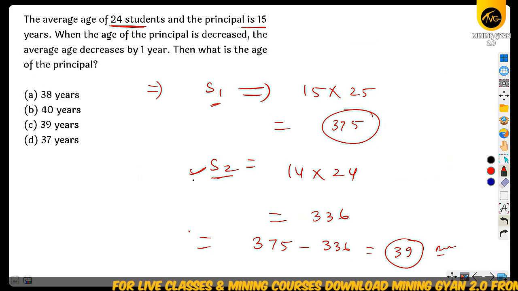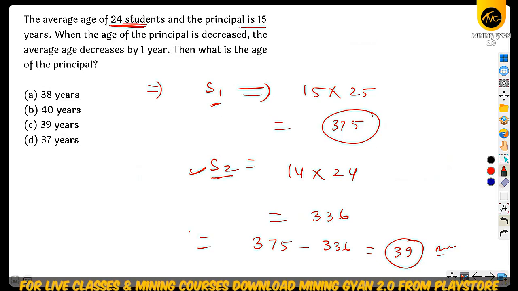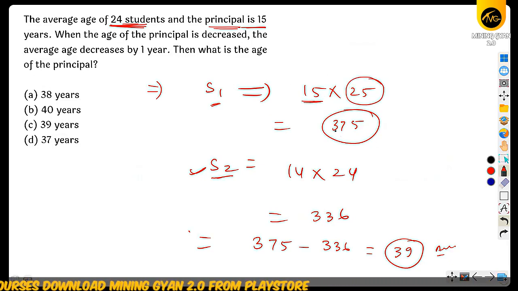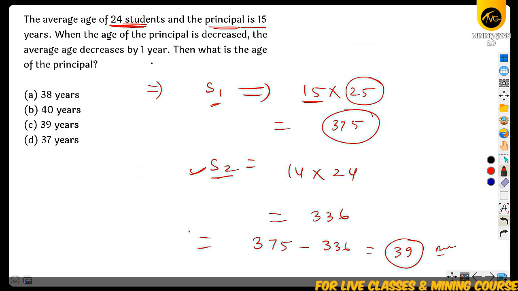Okay, if you have any doubt, just consider this. Basically, the average age of 24 students and the principal. That means the total number of elements is 25, and the average age is 15 years. Just multiply, this is 375. Now in the second portion, when the principal is removed, the average age decreased by 1 year. So the average is 15, now decreased by 1 year, that means it is 14.